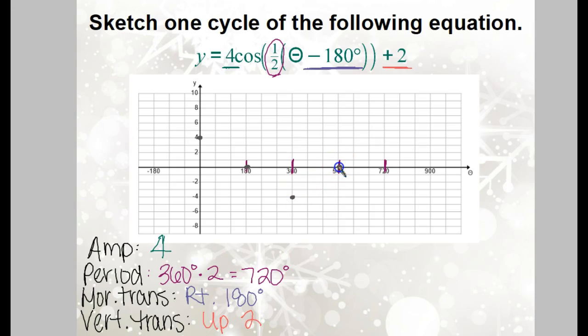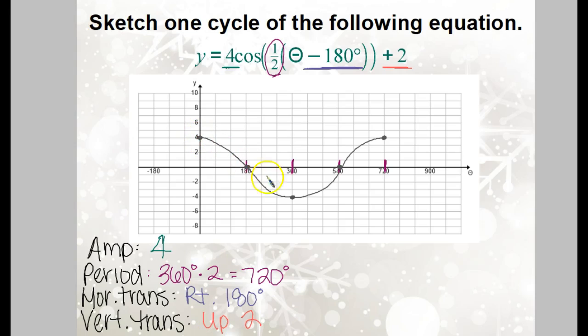Back to the sinusoidal axis, and then after 720, it's going to be at that maximum point again. And so now I'm going to connect it. And so this just gives us an intermediate step of how the size of this cosine function is going to change. From here, I'm going to apply the horizontal translation and the vertical translation.